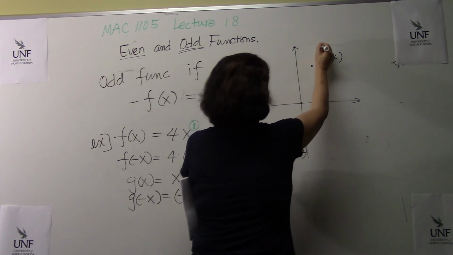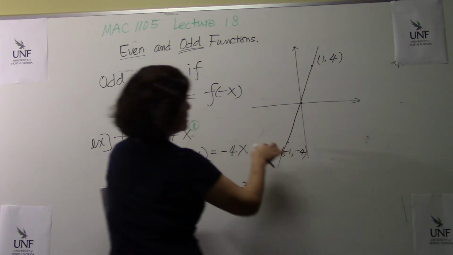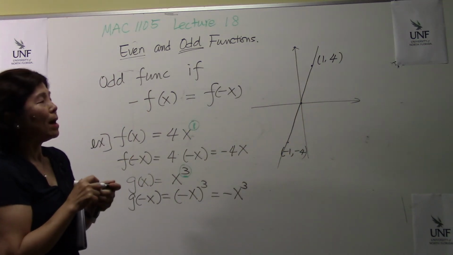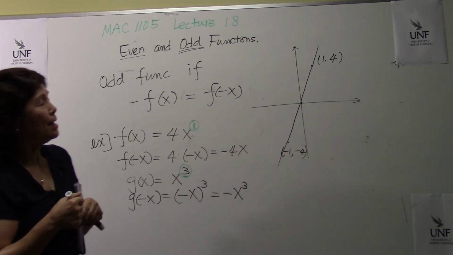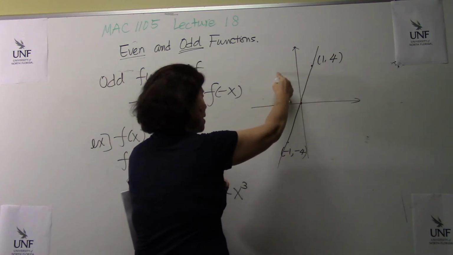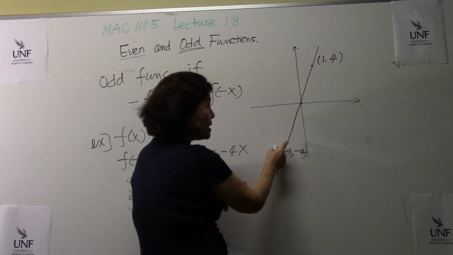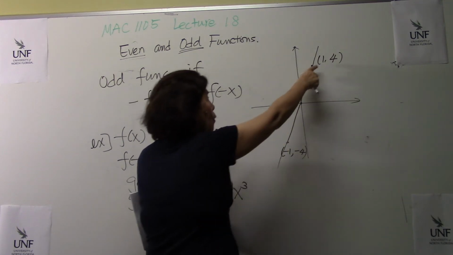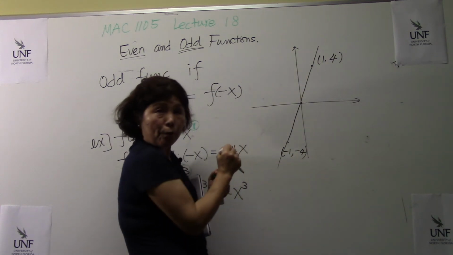So we connect these 2 points, and this is the graph. And what kind of symmetry do you see this time? Well, it's quite a different kind of symmetry. In this case, this point is going around, coming over here, and coming to the exact opposite position. You see, 1 becomes negative 1, and 4 becomes negative 4.